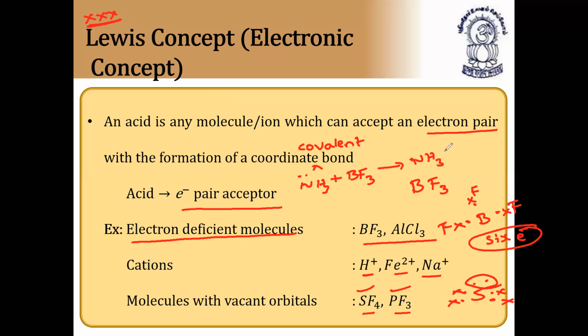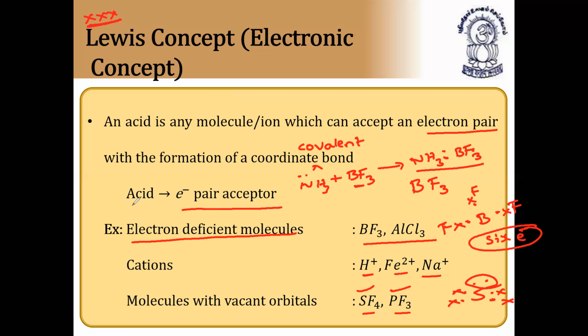NH3, 2 electrons, BF3, ammonia boron trifluoride. In this type of bonding, ammonia is the donor, BF3 is the acceptor. So this is called a coordinate covalent bond, which we already discussed in chemical bonding. Due to the formation of coordinate covalent bond, here BF3 is accepting electron pairs, so that's why it is called Lewis acid. And ammonia is donating an electron pair, and that's why it is called Lewis base.